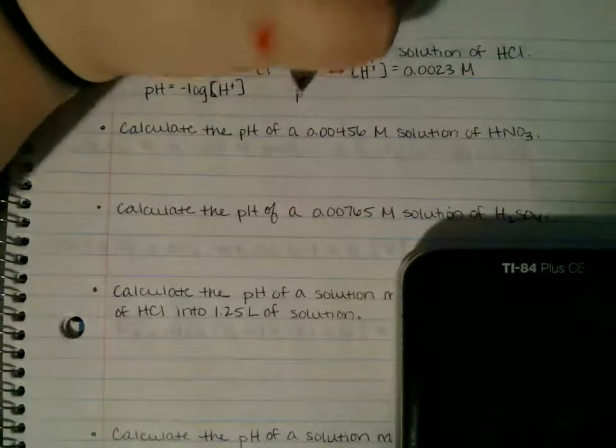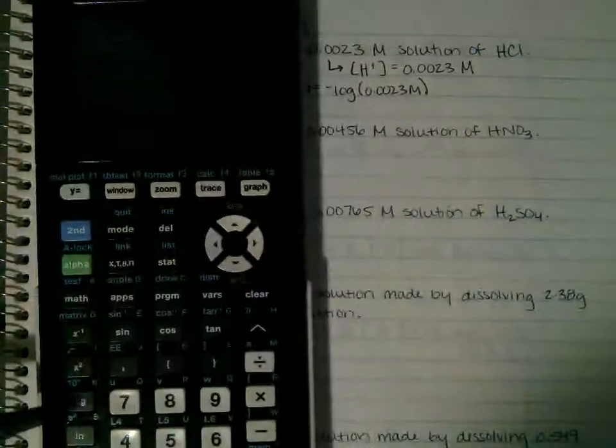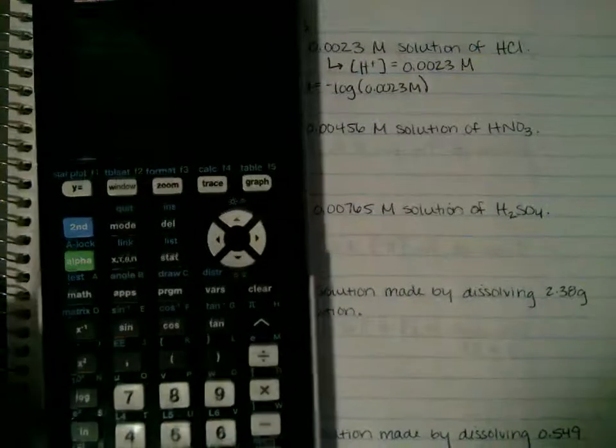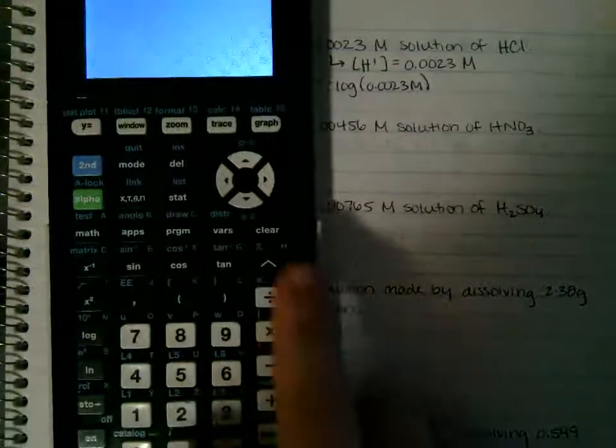So in this case, the pH is going to be equal to the negative logarithm of 0.0023. When you put this in your calculator, make sure you're hitting the regular log button, not the natural log button here. We want just regular old log.